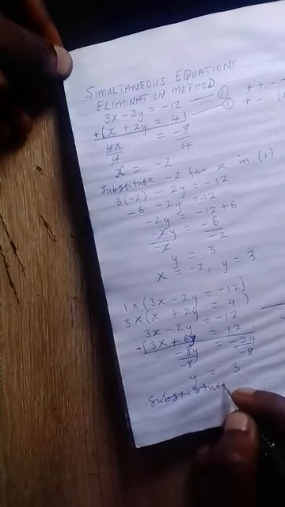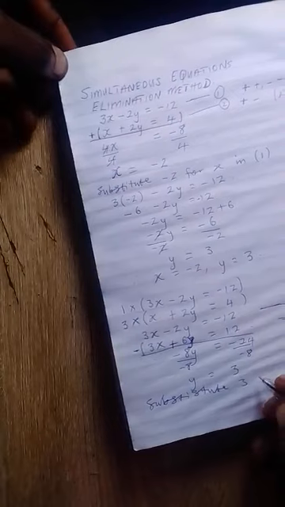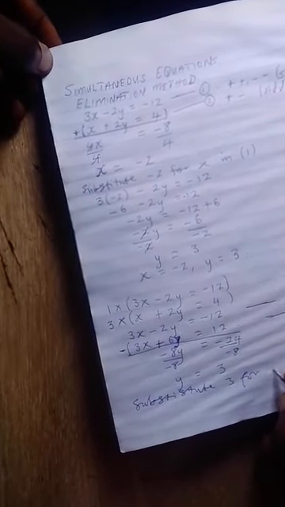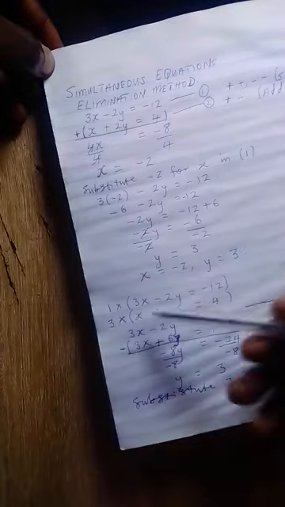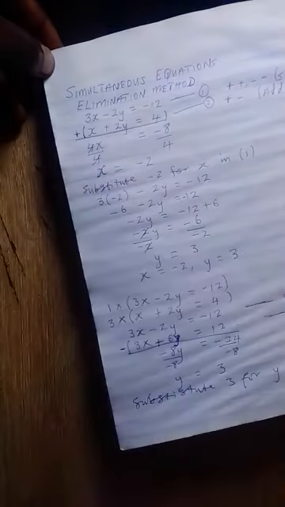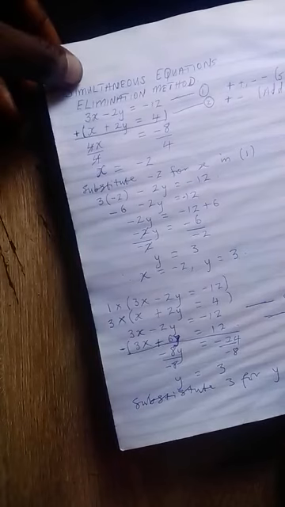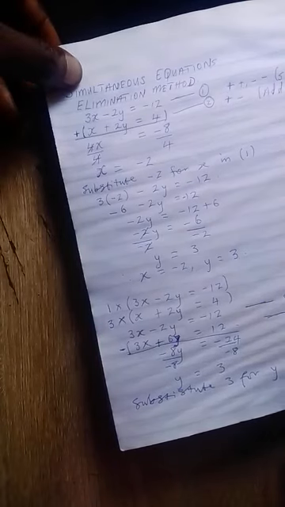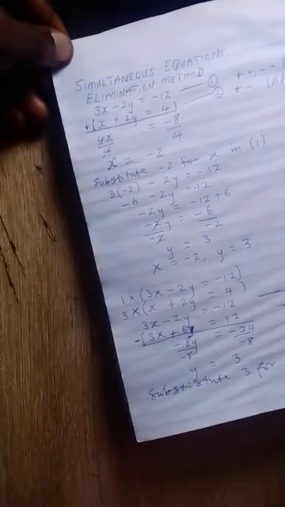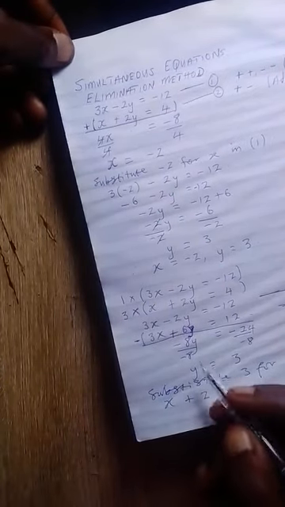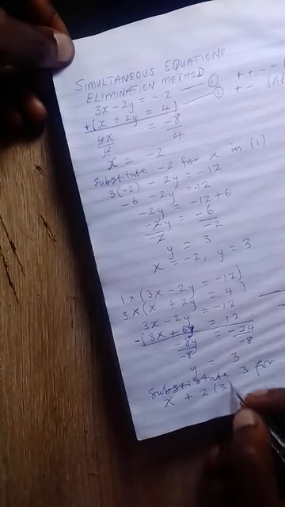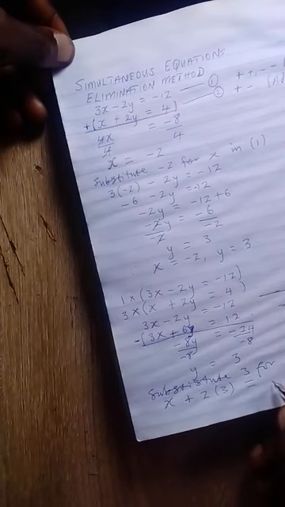So you can substitute 3 for y in any of the equations. You can decide to use equation 2. So you come here and say x plus 2 times y, where y is already 3, equals 4.